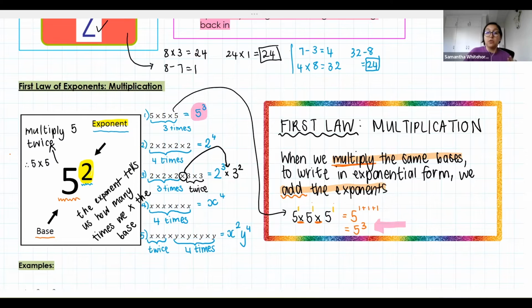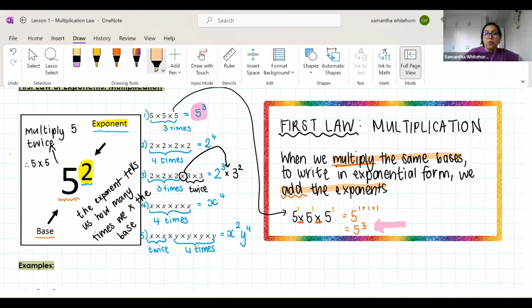And guys, these laws and these rules that we're going to do, you're going to need to remember basically all the way up until matric if you plan on doing maths up until matric. And so as we write these down, you're going to see that in each lesson, there's going to be a little rainbow block like this one over here. And the rainbow block is going to deal with the law or the rule for the lesson.